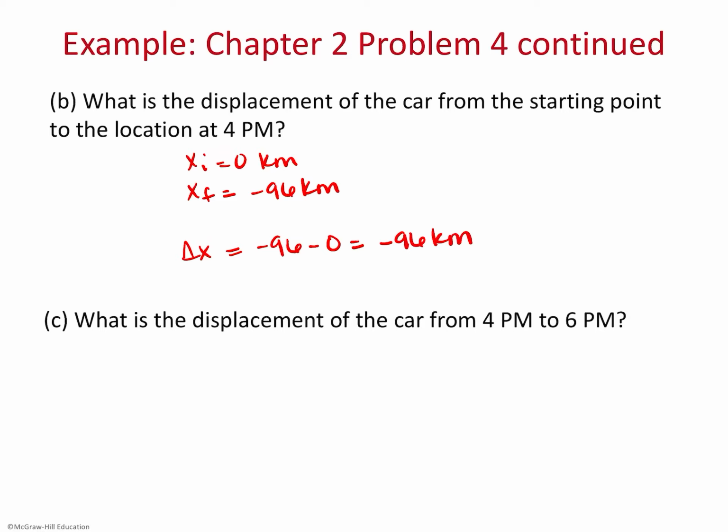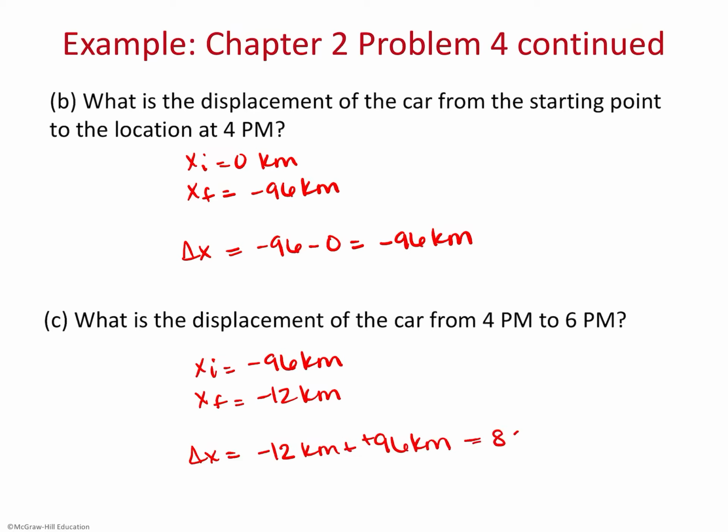And then on part C, where it says from 4 to 6, at 4 o'clock it was at 96 south, and at 6 o'clock it was at negative 12 kilometers. So you end up doing negative 12 kilometers minus negative 96 kilometers, which is 84 kilometers.